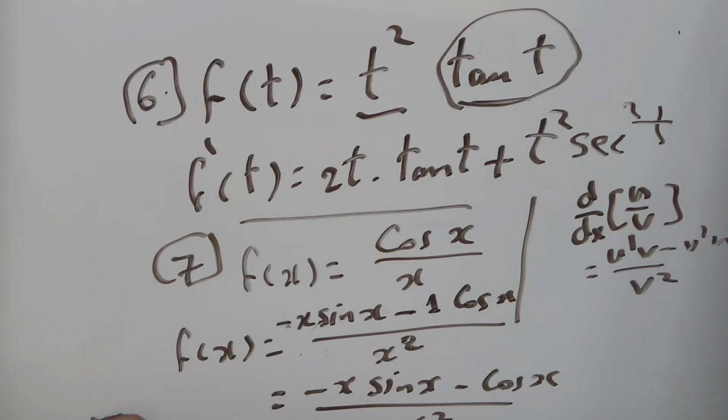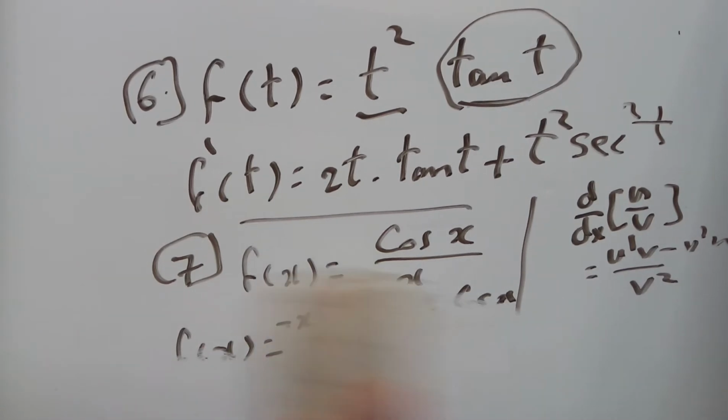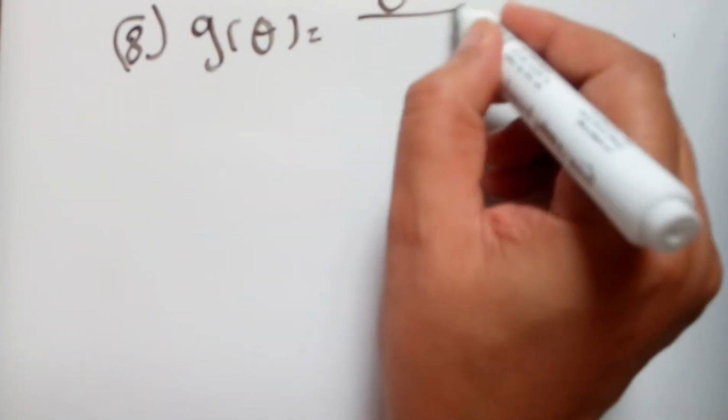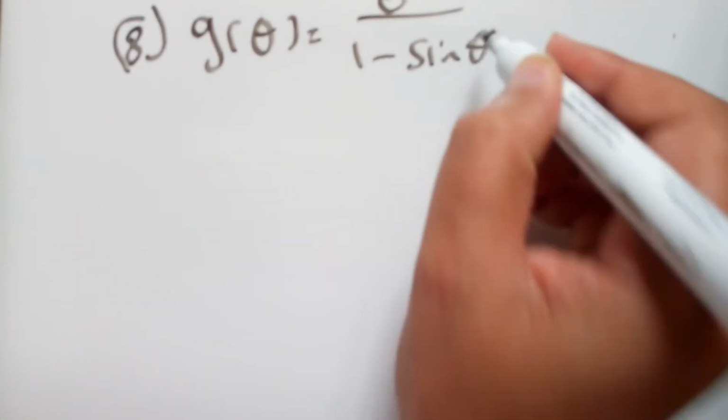Number 8. g of theta here is equal to theta over 1 minus sine theta.